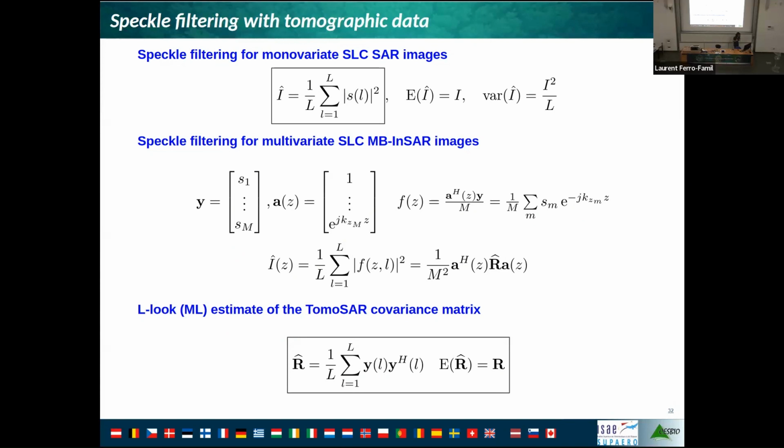So we applied here a coherent combination. The result was coherent, complex, amplitude and phase. We took the square modulus, we averaged in the surrounding pixels, and at the end, this is exactly equivalent to doing this: applying a filter, multiplying by a vector on the right-hand side and left-hand side of a covariance matrix, the covariance matrix of the data.